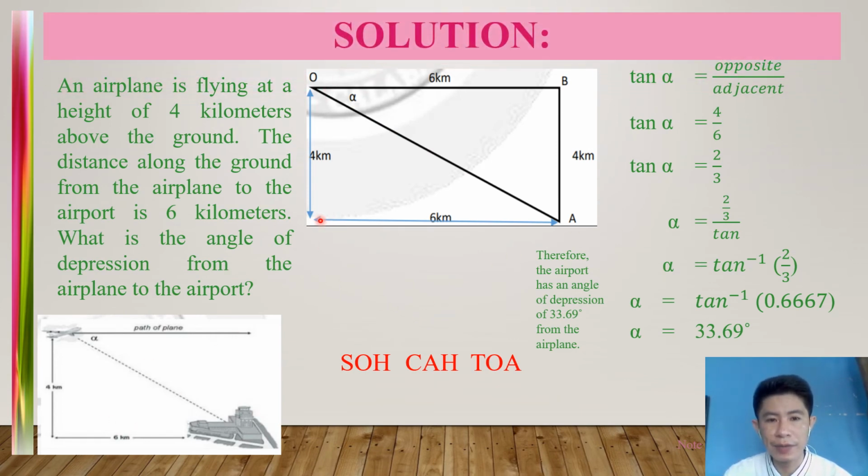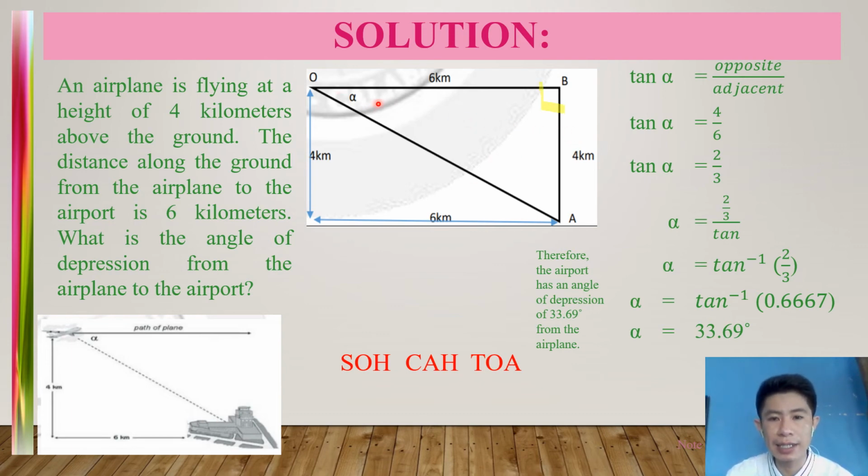So if this is 6 kilometers, this is also 6 kilometers. So if this is 4 kilometers, then this is also 4 kilometers. So we have now here the right triangle.